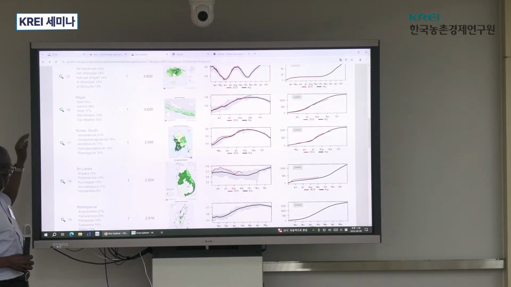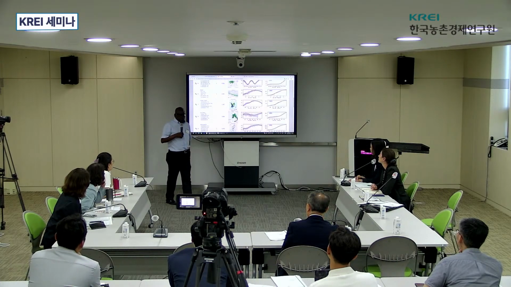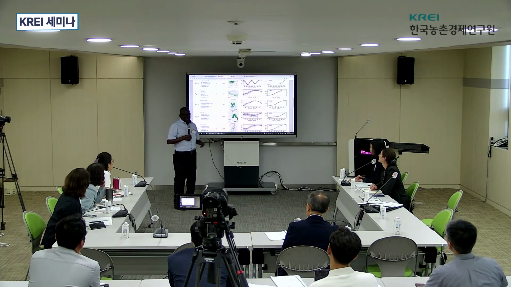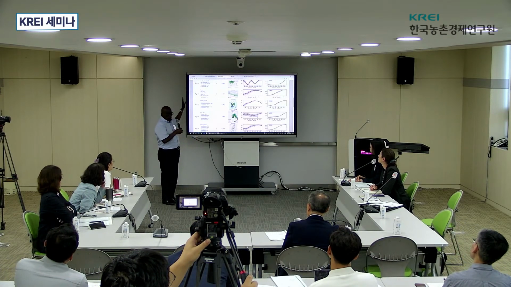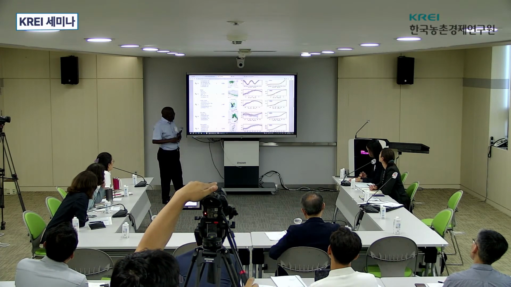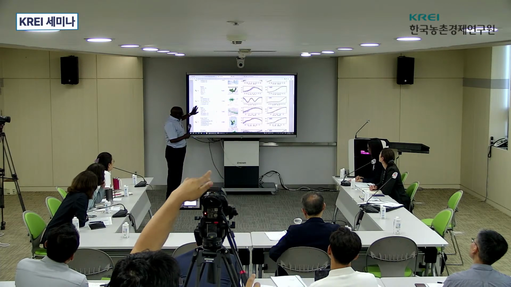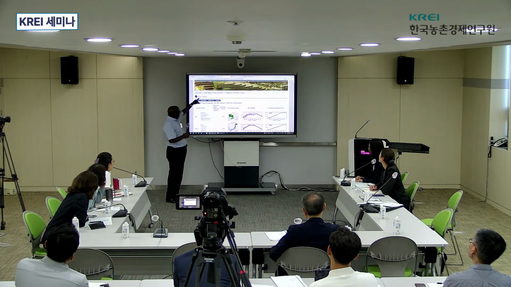We do that for each and every country on their own, with the exception of North Korea, where we're using our own data because we don't get reliable data there. For the rest of the countries, the breakdown you see for each and every crop is based on the national data. So that's what we call this, a rice breakdown.